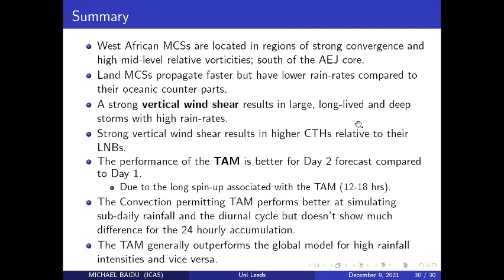And so it needs to take some time, normally, when you initialize, for the model to reach equilibrium, reach reality. And that is the reason why the spin-up is longer in the African model compared to the global model.